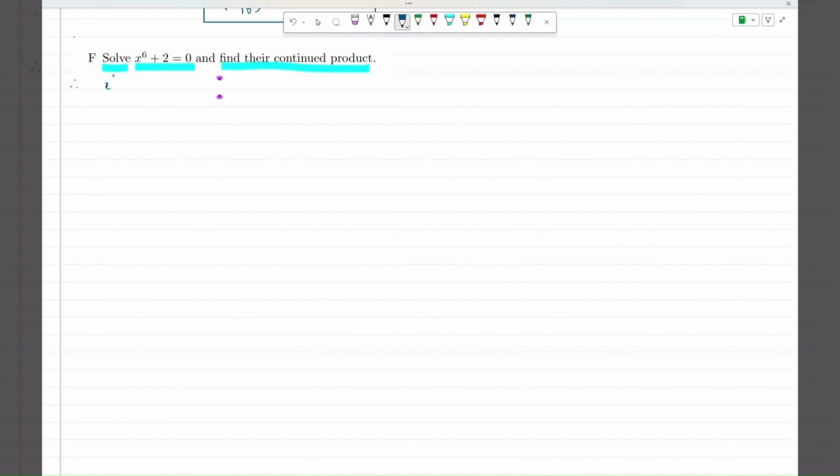So we'll start with the equation. We can rewrite this as x raised to 6 is equal to negative 2, and in complex form it is going to be negative 2 plus 0i. And further, the polar form of this is going to be, so for the polar form, if your complex number is x plus iy, then r is evaluated as square root of x square plus y square, the positive square root, and theta is evaluated as tan inverse of y by x.